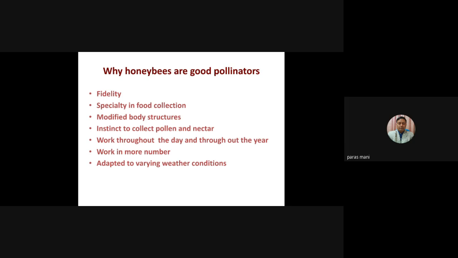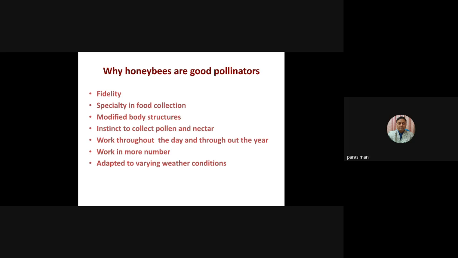In Apis cerana indica, we will have around 15 to 20,000 in a healthy colony. The number of individuals may be less in initial stages. Maybe some 2 to 3,000 worker bees are essential to start with. They are sufficient to start with. Later, the number of individuals increases up to 20,000 in a healthy colony.